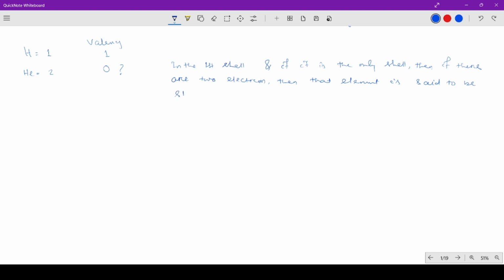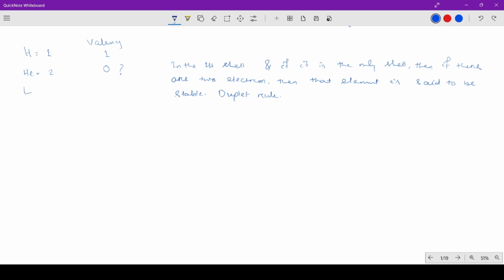The element is said to be stable, and this is called the duplet rule. When there are 8 electrons in the last shell, except the first shell, that is known as the octet rule, and this is called the duplet rule. So the valency of helium will be 0. As I told, the valency of noble gases is 0.